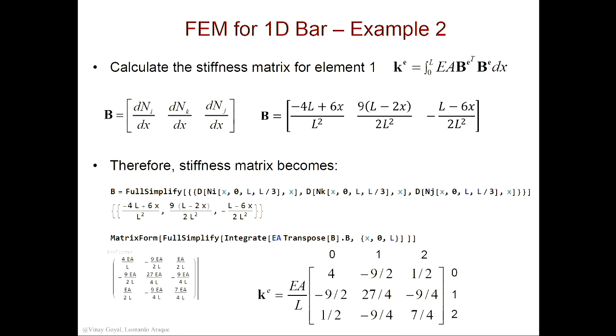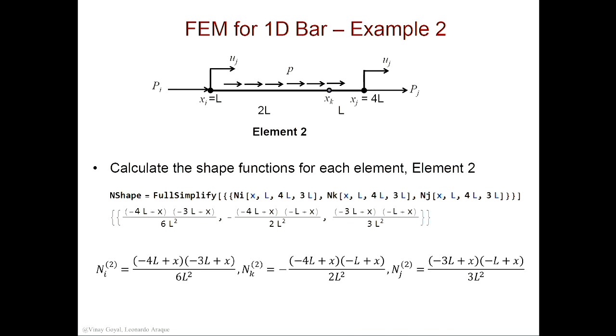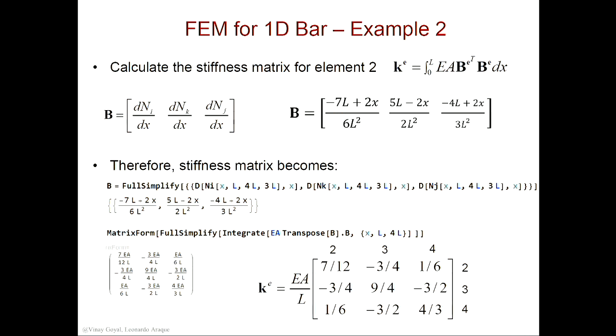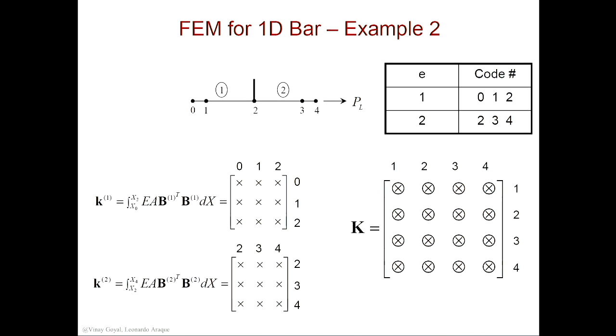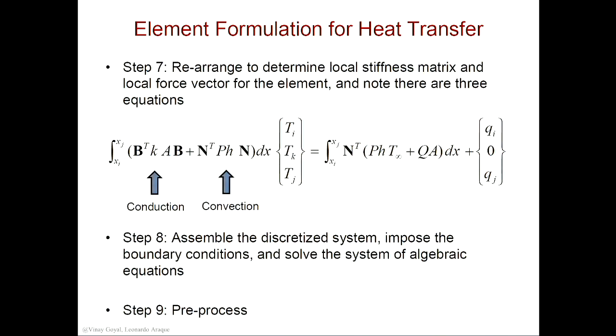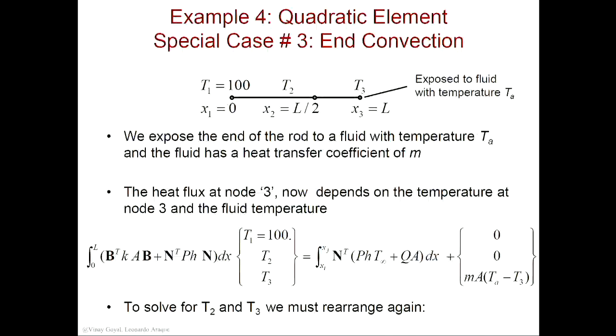And not only that, the integral also is different for one element to another. This one went from 0 to L. And the next one went from L to, well, the shape functions are different. Derivatives are different. And the shape functions go from L to 4L. So as you see here, right, these calculations have to be repeated.